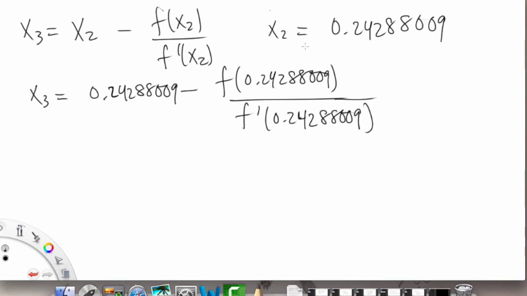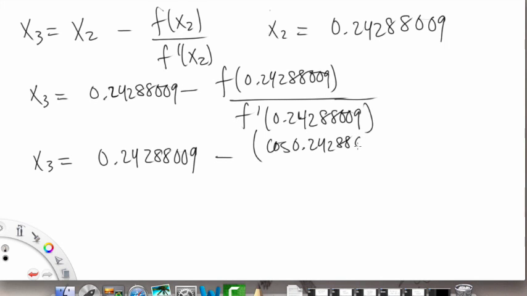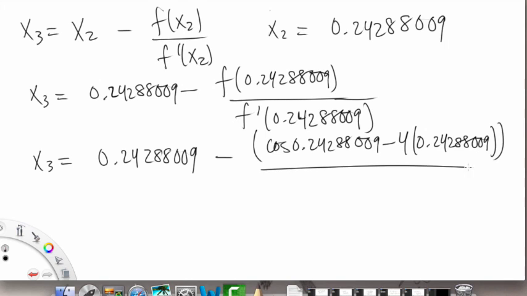Plugging that in, we get a cosine of that number minus 4 times that number, because we're plugging it in for x.